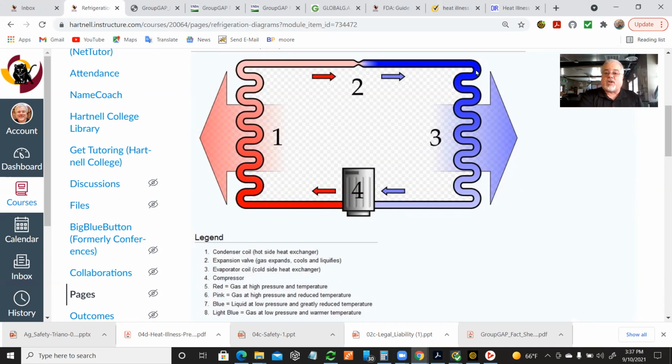You can get ice buildup on the evaporator coils. They call it an evaporator coil because on this low pressure side, the low side, low pressure, low temperature, this liquid refrigerant is boiling and turning to gas very rapidly. And it can get so cold that you can really hurt yourself on this.